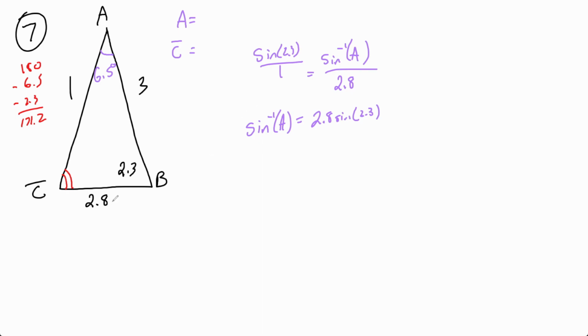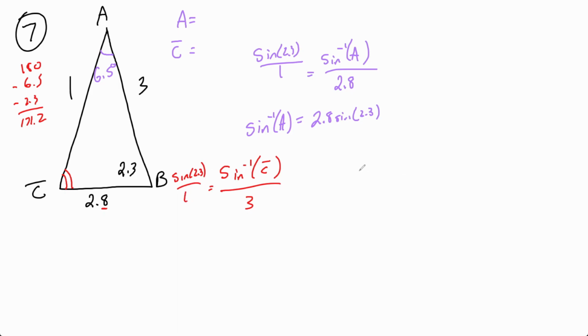Now, the reason I'm especially nervous is this 6.5 degree angle made 2.8. And there's only a 2/10 of a point difference between this side length and this side length. So let's see what happens when I set up for C. So I want inverse sine of big C over 3. That's going to be my right hand side, is equal to, like I had there, sine 2.3 over 1.